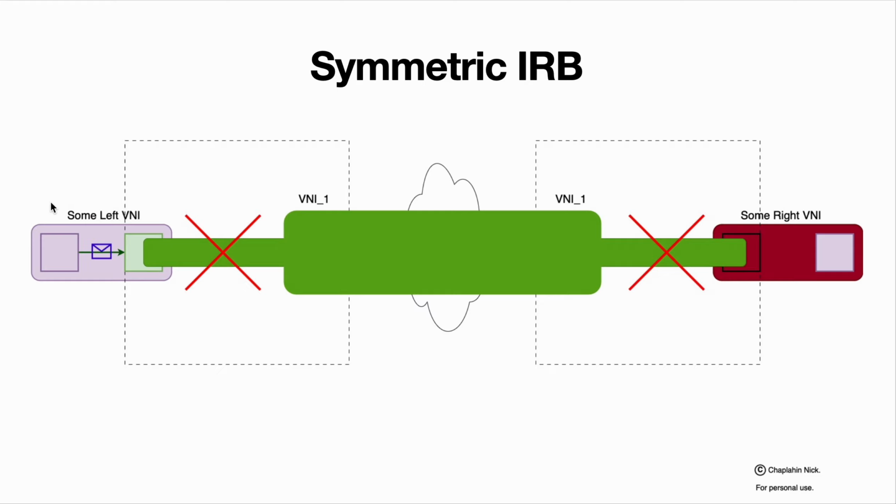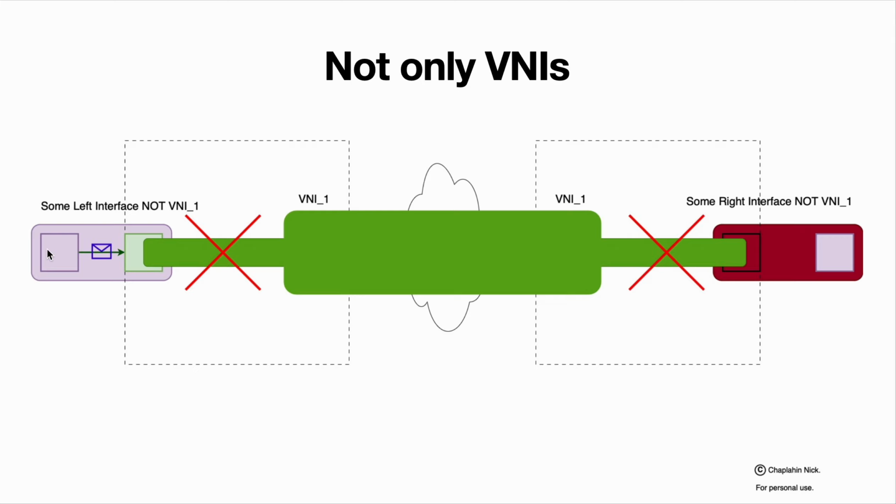We can treat the left and right parts as additional VNIs: some left VNI, some right VNI, and a tunnel VNI that we need to send traffic through. Those can also be not VNIs but just any interfaces that can correctly process L2 and L3 traffic. For ease, I will call them VLANs. But again, they are not participating in the tunnel VNI.